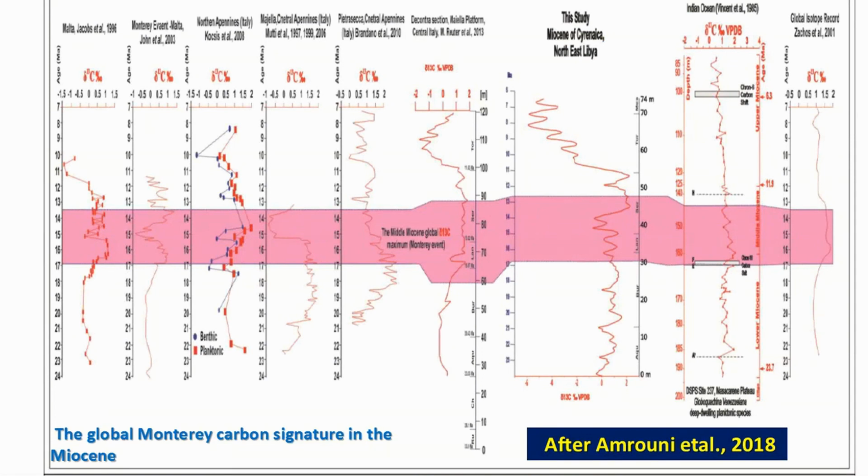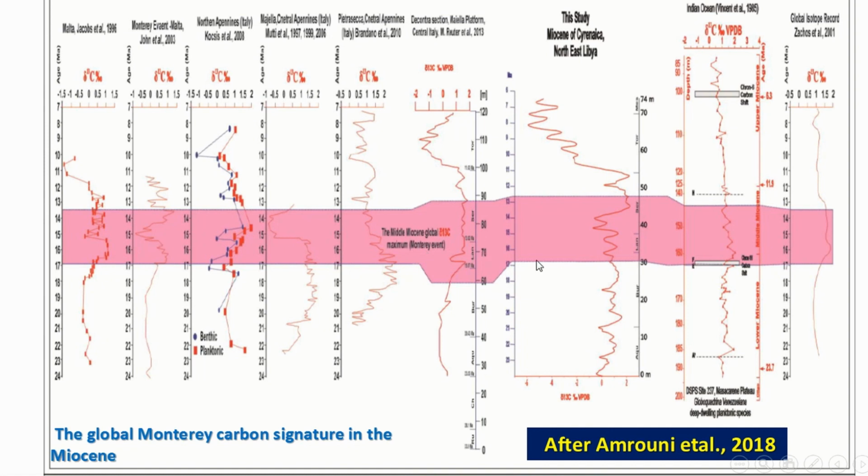The global Monterey carbon signature in the Miocene. This slide shows the carbon isotope curves. Here from right to left, see here the global isotope curve, and then here from the Indian Ocean, the second one from the Indian Ocean, the third from Cyrenaica, our study or our region, and the rest from other Mediterranean countries.